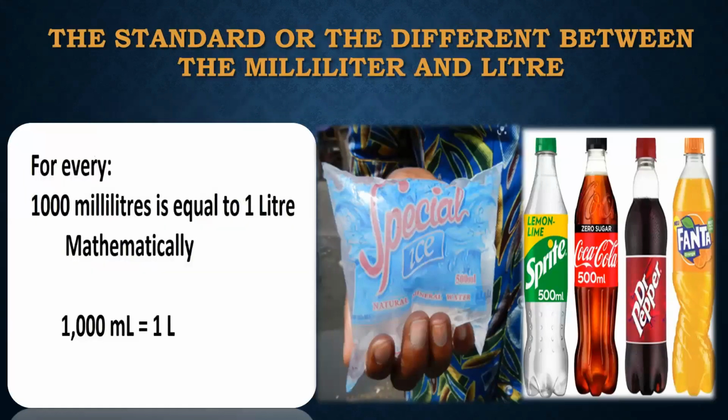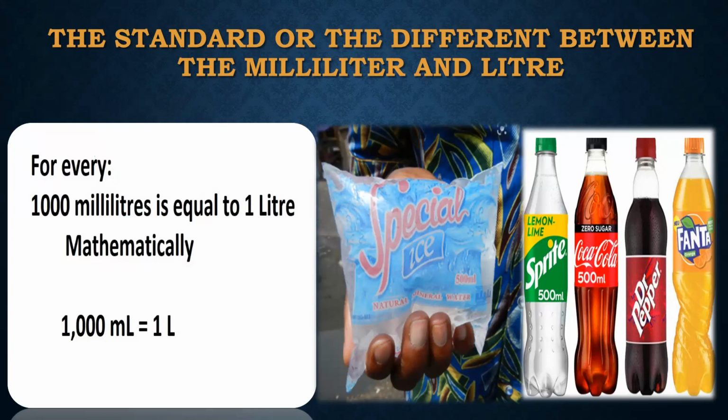Now, let's see the difference between the milliliter and the liter here. Liters measure liquids in the largest quantities, while milliliters measure liquids in smaller quantities. Every 1,000 milliliters is equal to 1 liter.